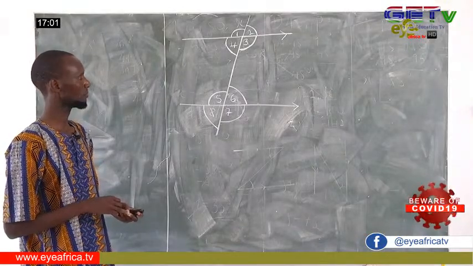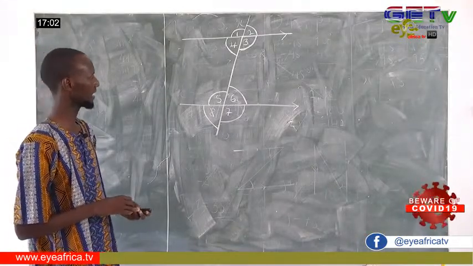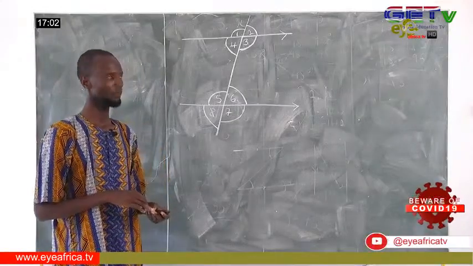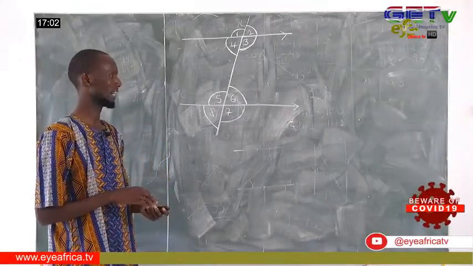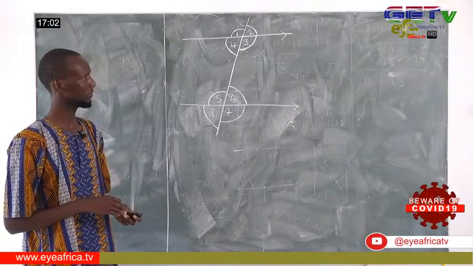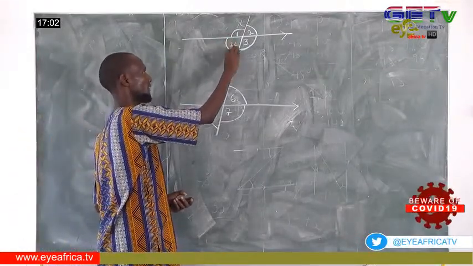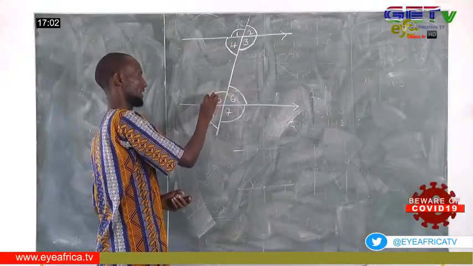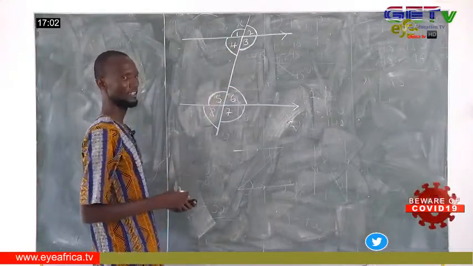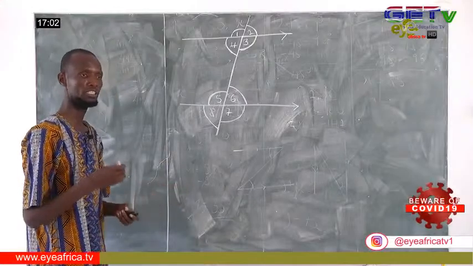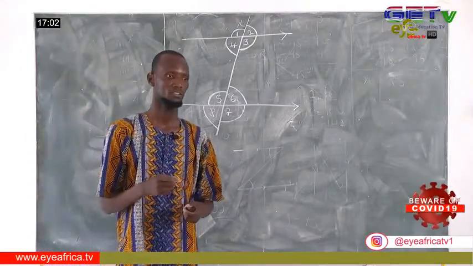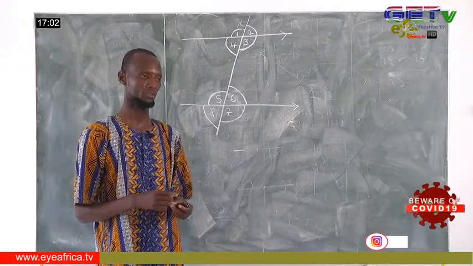Now, apart from angle 3 and angle 6, which other angles can you identify here as being co-interior? Clearly, we can see angle 4 and angle 5, they are both inside and they are also on the same side of the transversal, so therefore they are co-interior.